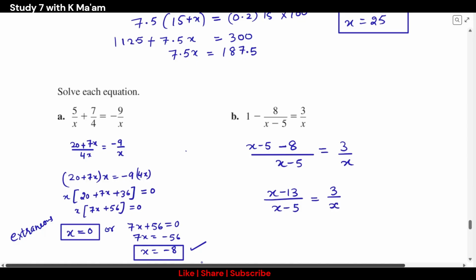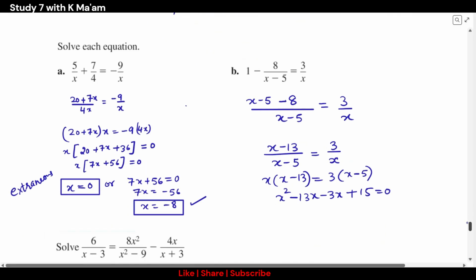Cross multiply: x times x minus 13, 3 times x minus 5. Multiply x here, minus 13x, minus 3x. Because I shift to the left side, this plus 3x becomes negative 3x. Plus 15 equals 0.